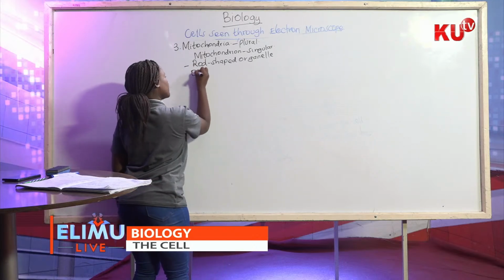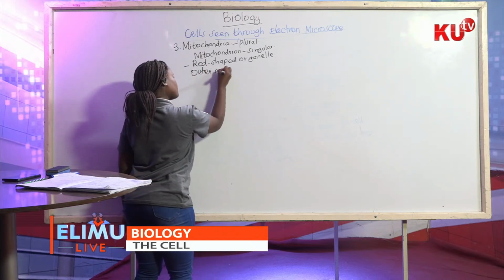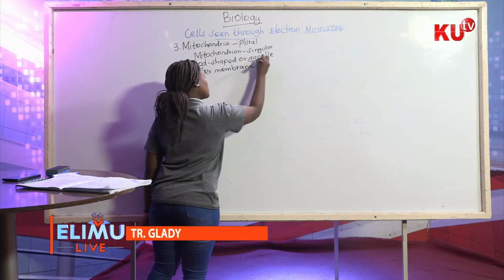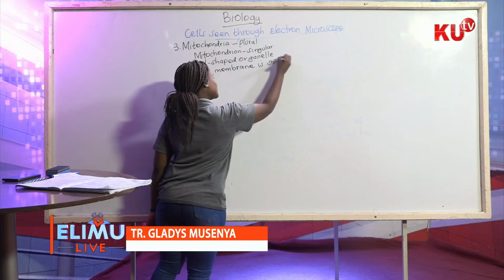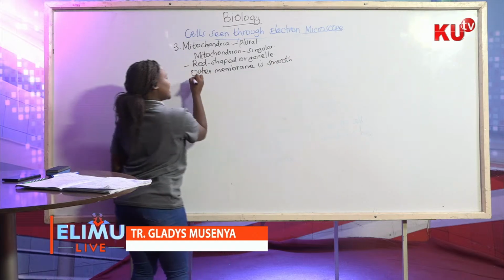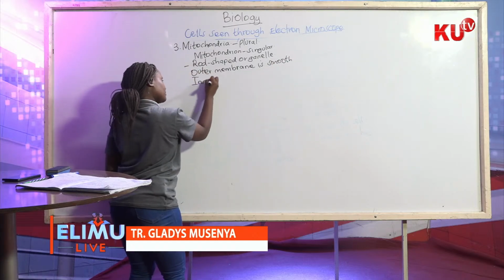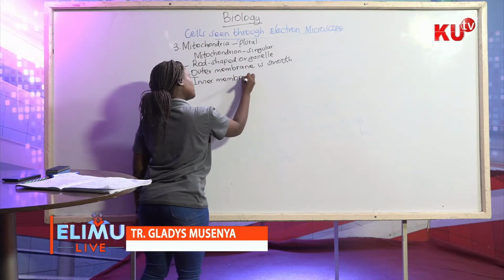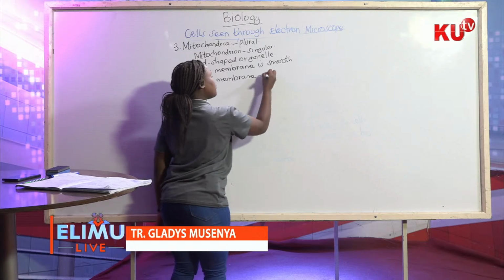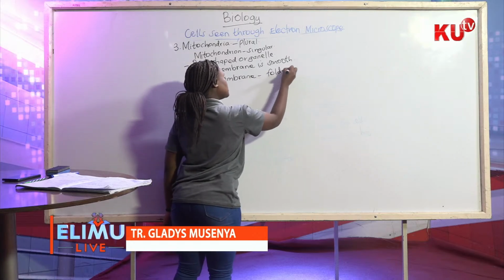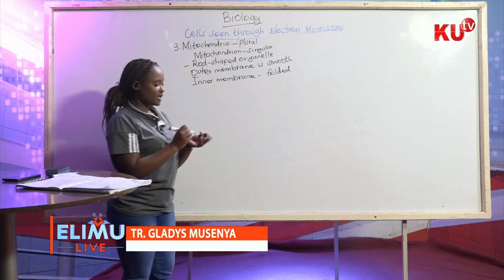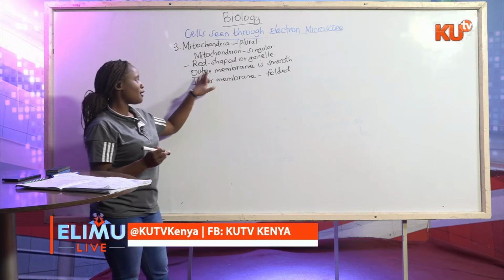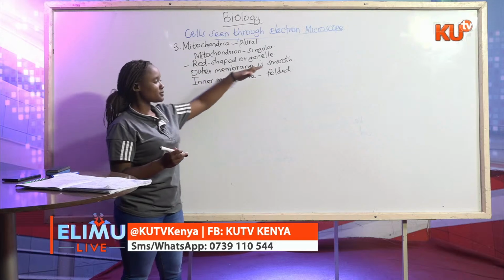So the outer membrane is smooth, but the inner membrane is folded. The inner membrane of the mitochondria is folded, while the outer membrane is smooth.